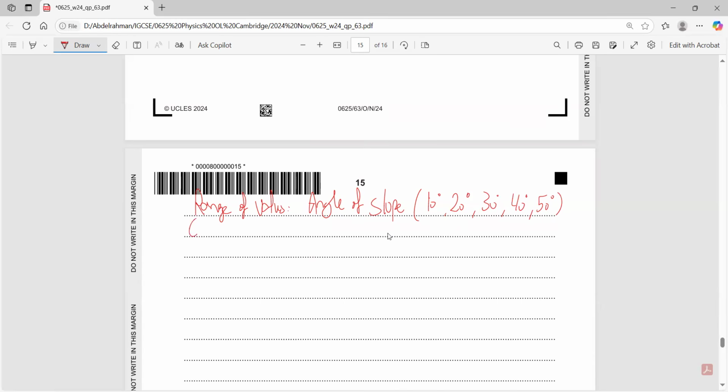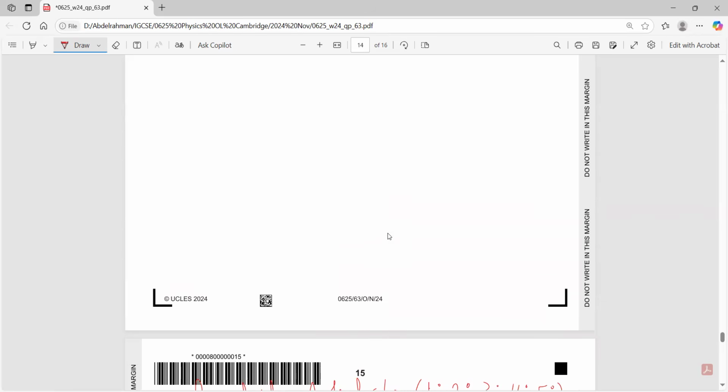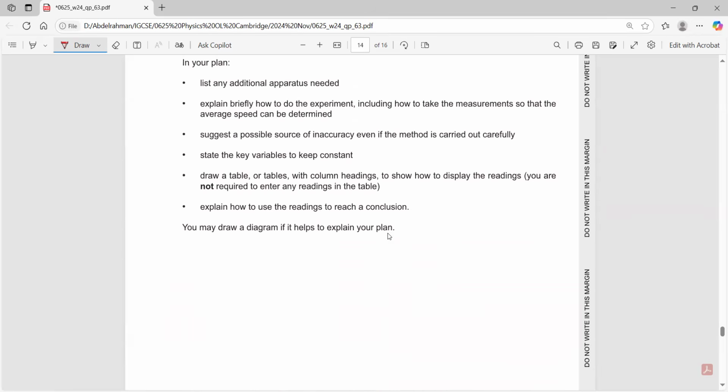What about the controlled variables? You have a car moving down a slope. Controlled variables would be what? Wouldn't it be the distance traveled down the slope? Yes, the distance traveled. What about the starting point on the ramp? Yes.